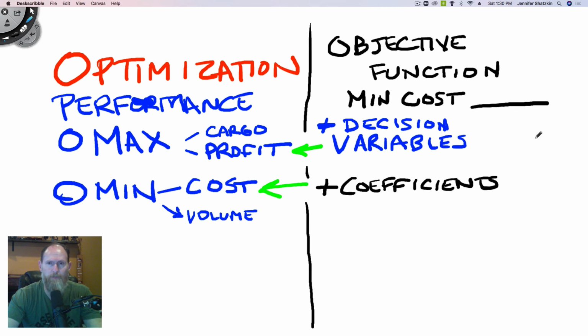So, for example, if we decide we have Route 1 and we want to move 500 units along Route 1, that 500 would be one of our decision variables. Let's suppose that it costs $2 for every unit we move across Route 1. So that 2 would be a coefficient. And so we would take that 2 times the 500 and have a cost of 1,000, along with all of our other costs that would go into our objective function.